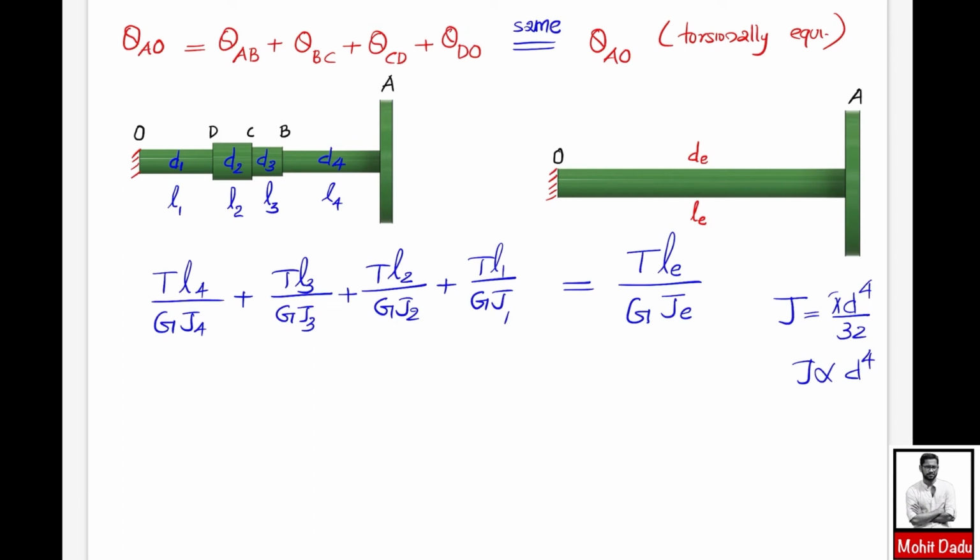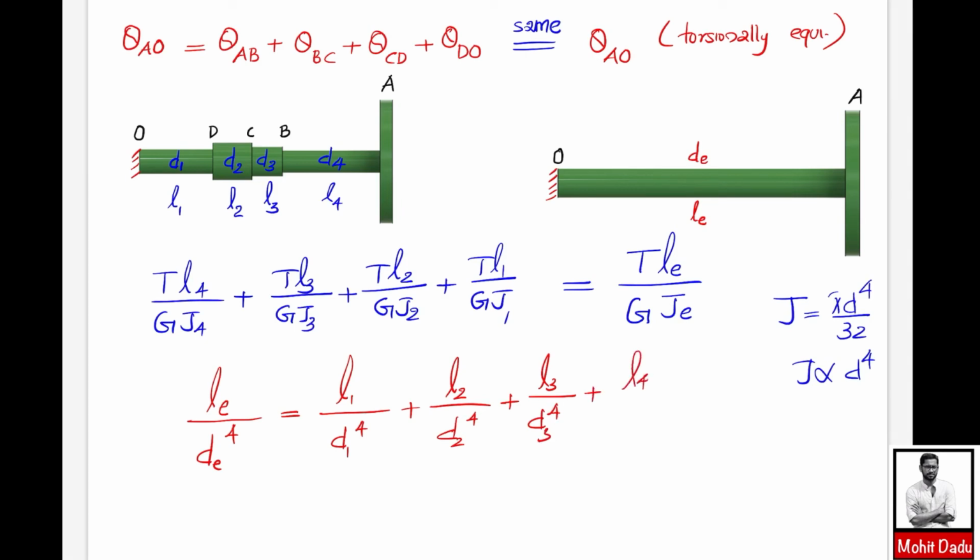So you can simplify this, and finally we get the expression, writing the right hand side first: LE divided by DE raised to 4 is equal to L1 divided by D1 raised to 4 plus L2 divided by D2 raised to 4 plus L3 divided by D3 raised to 4, and finally L4 divided by D4 raised to 4.